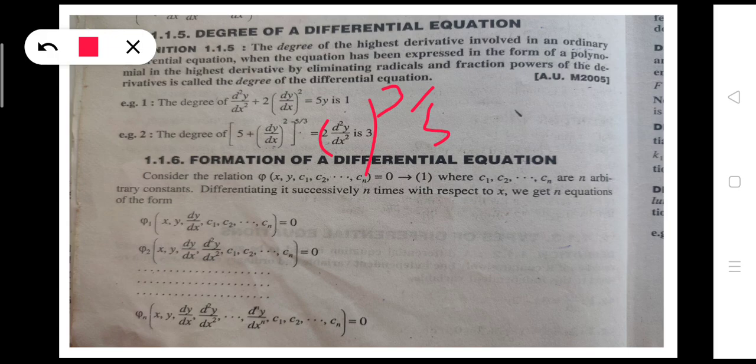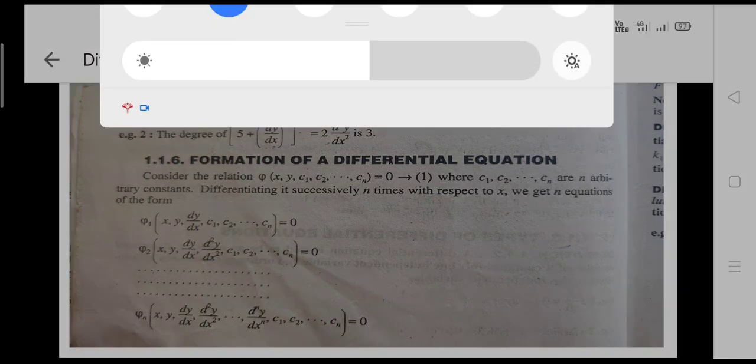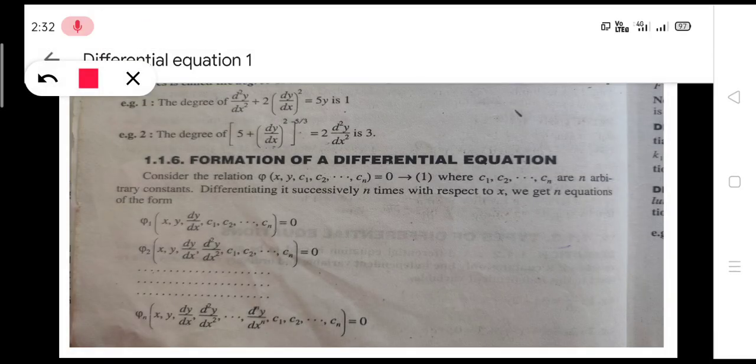Then we get the power of the highest order derivative as 3 only. So the order of the differential equation is 2 and the degree of the differential equation is 3.